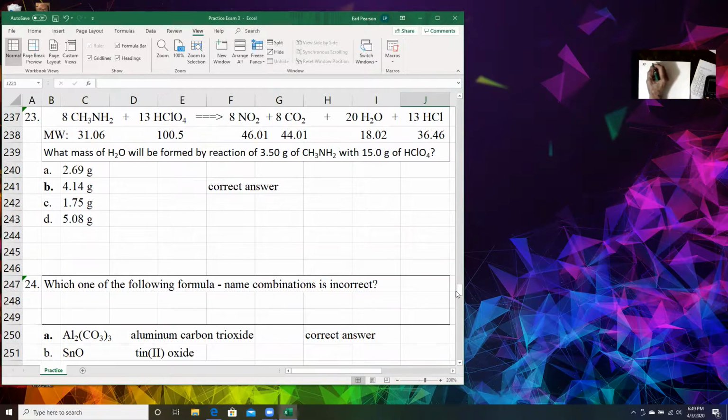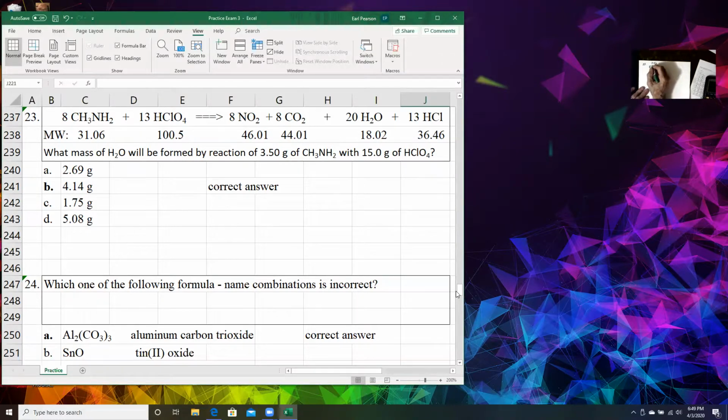The problem says, same equation that we had a while ago, but says what mass of water will be formed by the reaction of 3.5 grams of methylamine. So the methylamine, there's 8 of those, CH3NH2, and we've got 3.5 grams of that.